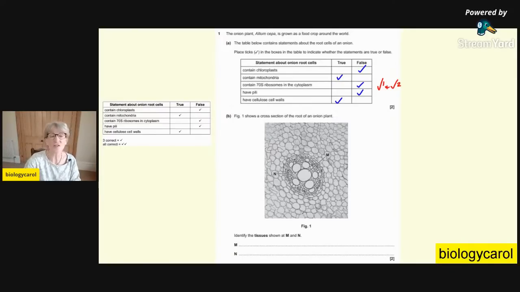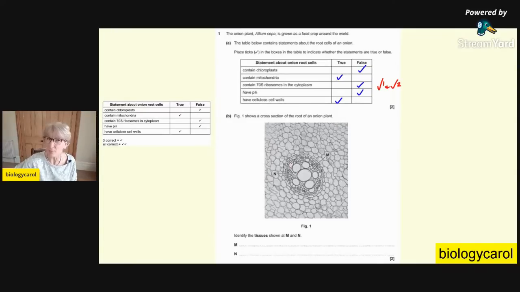Here's a cross-section of the root of an onion plant, and you've got to identify the 2 tissues. So M is xylem. Xylem is really obvious because it's the great big tubes in a micrograph. And N, now be careful, because when I looked at N a bit quickly, I thought the line was continuing right to this point here.